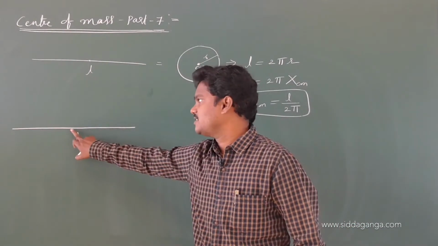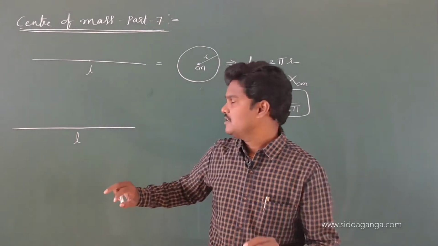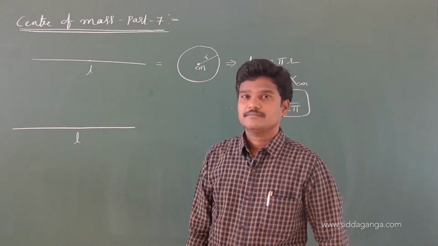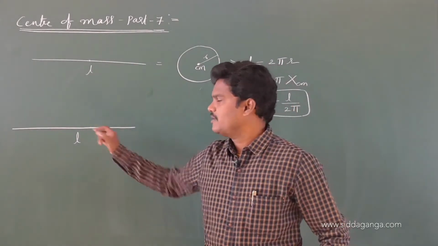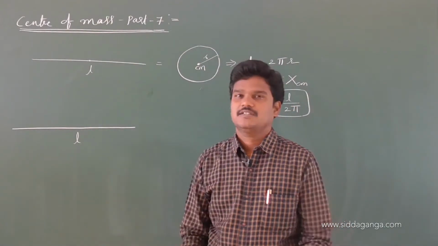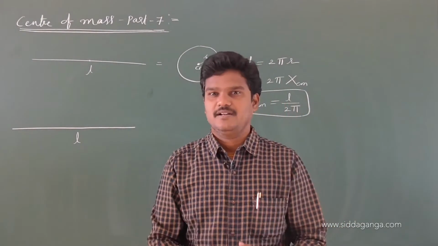Initial center of mass is at the midpoint of that uniform wire having uniform density. So this is the wire whose length is L, if it is bent at the midpoint such that the two parts make some angle.